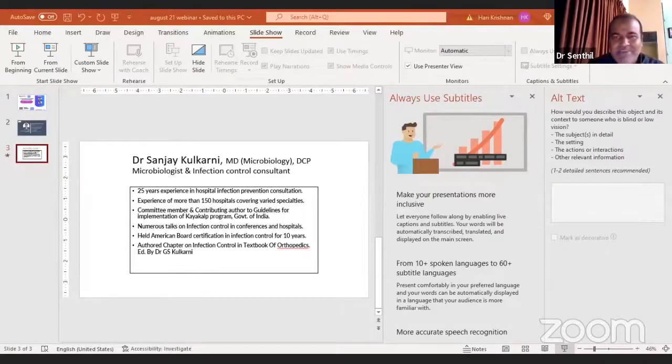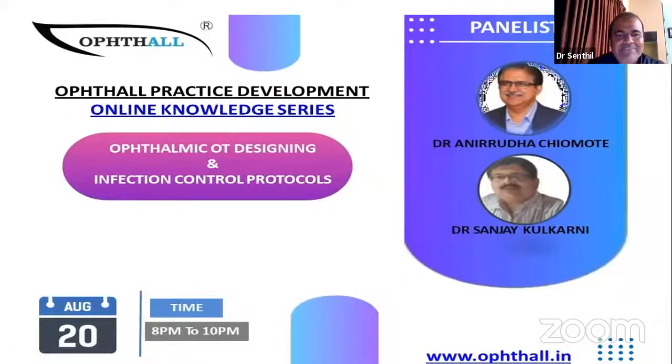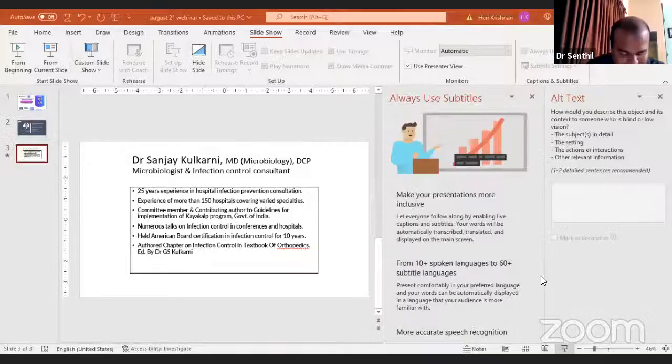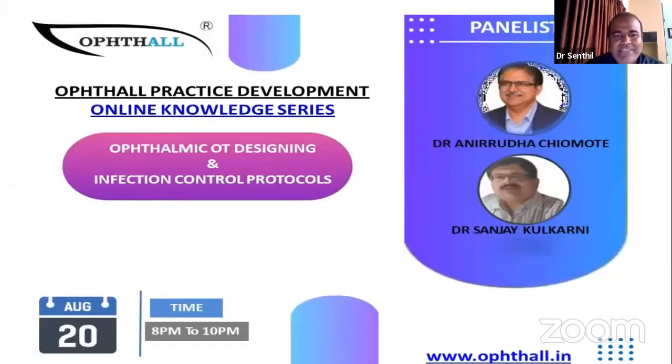So Dr. Kulkarni is a microbiologist and an infection control specialist, with more than 25 years of experience in hospital infection control procedures. Dr. Kulkarni works with a lot of hospitals and guides them on setting up the correct infection control procedure, and has experience of working with more than 150 hospitals covering varied specialties. He's also a committee member and contributing author to guidelines for implementation of Kayakalp program of the government of India, and has given a lot of talks on infection control in hospitals, including our Ophthal practice development group.